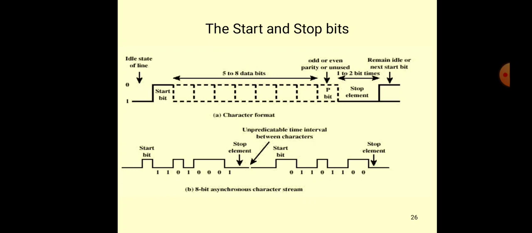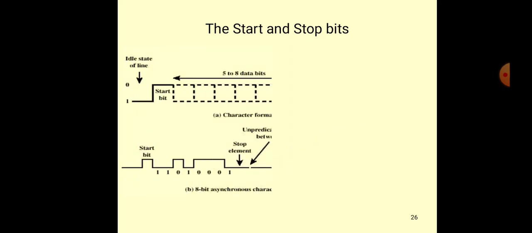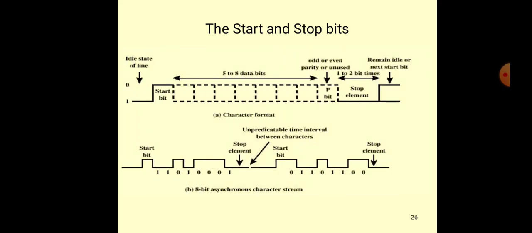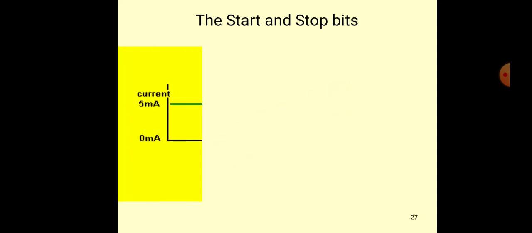Then you have data, stop element, start bit, and in between the stop element and start bit of the next 8 bits in the asynchronous character string, there is an unpredictable time interval. Unpredictable time interval means that whatever data we are transmitting, we don't know at what instant the data will be transmitted.